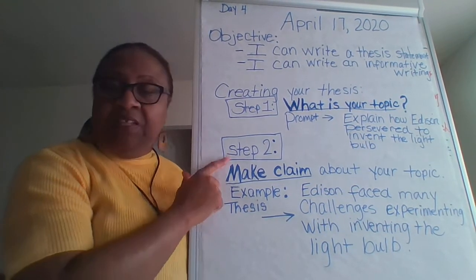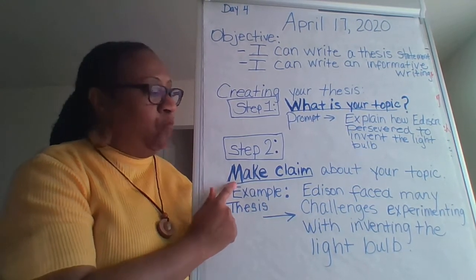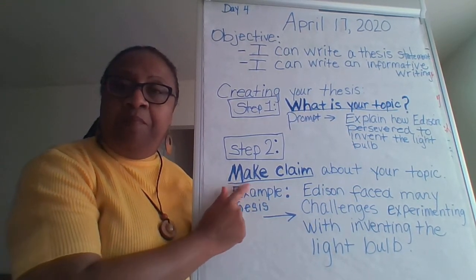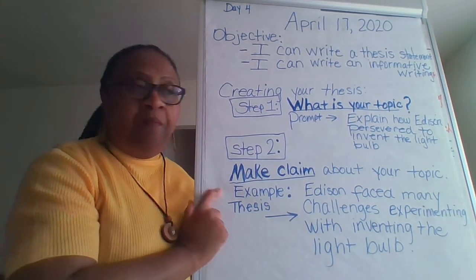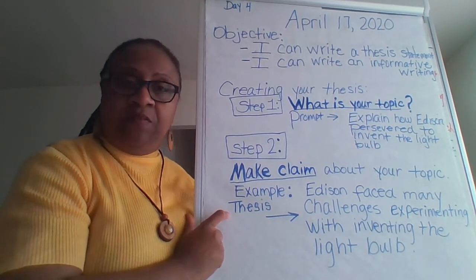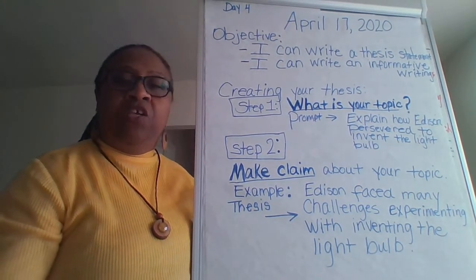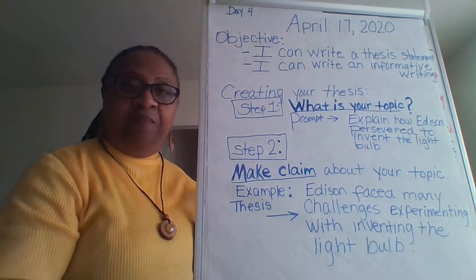Now, the second step in writing a thesis is to make a claim. So now we must make a claim about this prompt. It wants us to explain how Edison persevered. Okay, so let's make a claim about that. Here's an example that I made up.